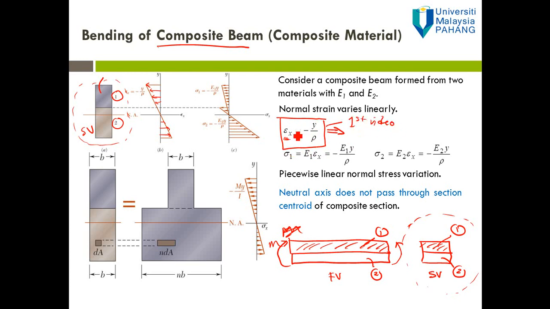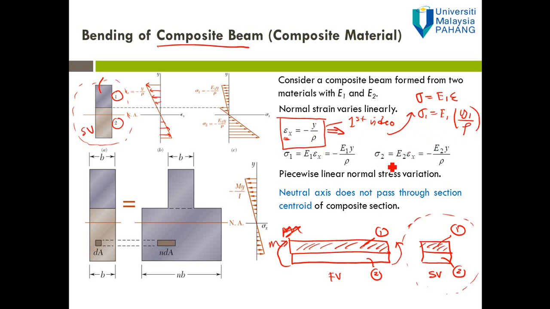Based on Hooke's law, the stress is equal to E times strain. So if we replace the strain by y over rho, sigma 1 is equal to E1 y over rho.